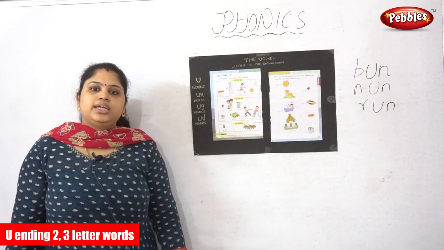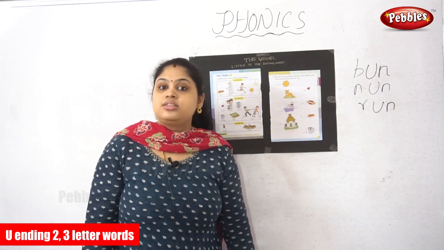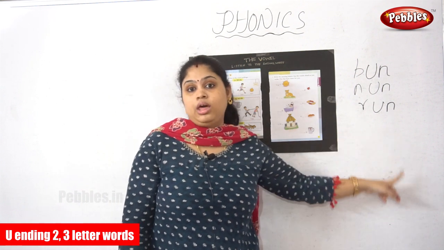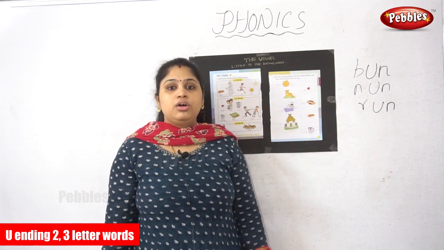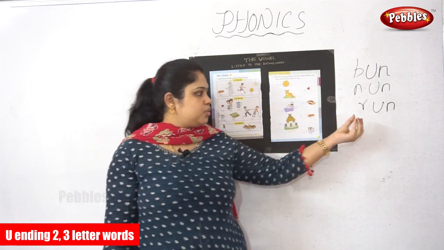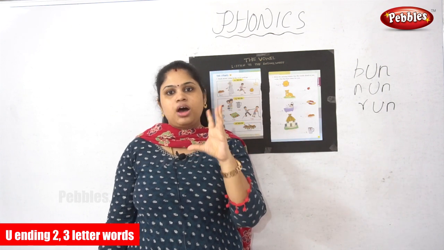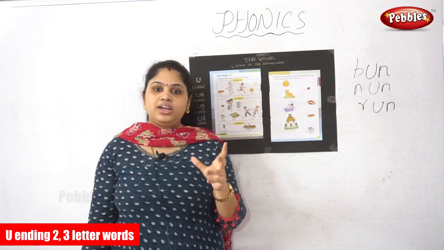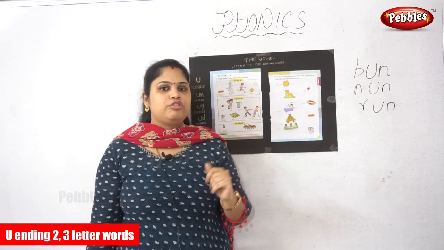Okay, next word, definitely it is ending in un. The starting letter is R. What is the R sound? R sounds r, run. If I want good pronunciation, I use the R sound r, and then run. Then you will get the correct pronunciation, with some American style.